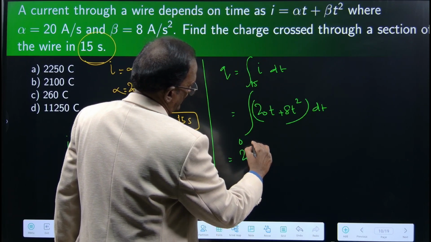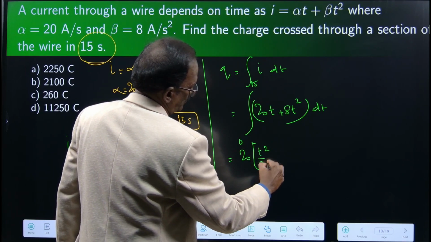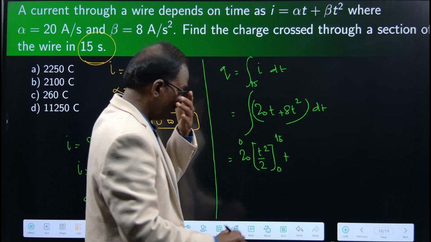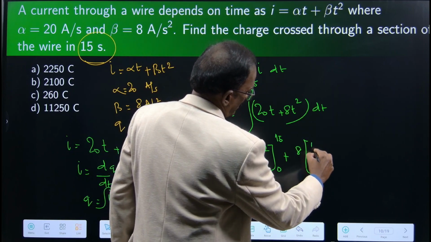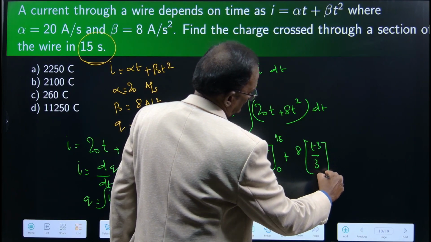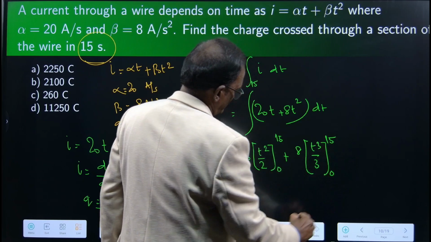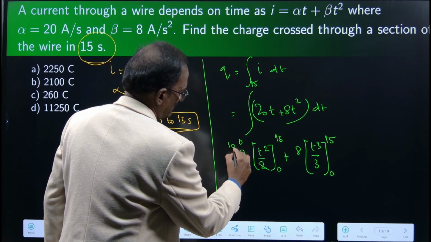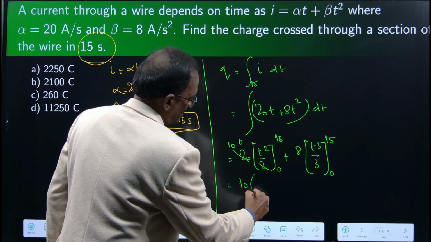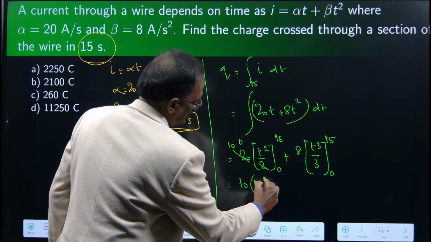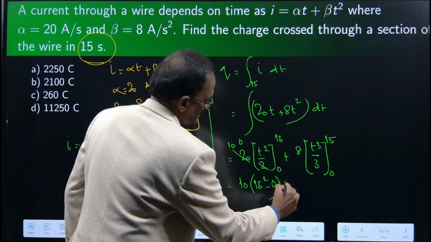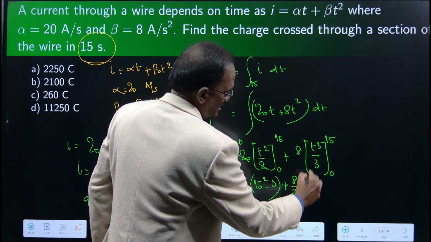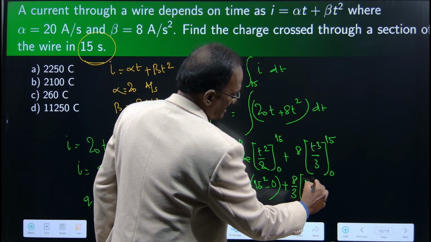If we integrate it, 20t square by 2, 0 to 15, plus 8 t cube by 3, 0 to 15. So this can be made as 10 into t square, 15 square minus 0, plus 8 by 3 taken outside, 15 cube minus 0 cube. Instead of t, I am writing the upper limit.